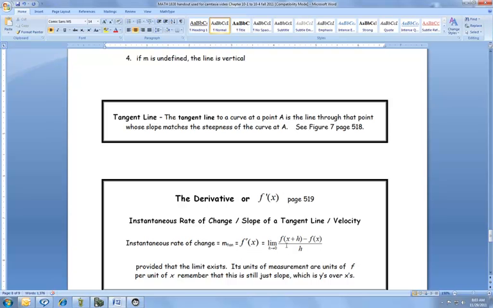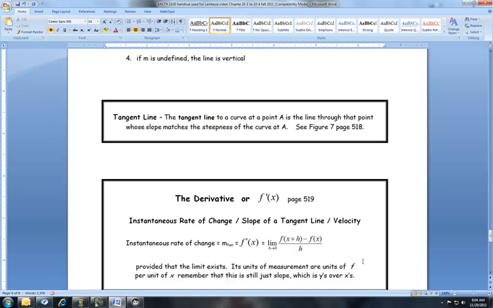Now, if you'll notice this, we have already done this. This is your difference quotient, and once we clean up the difference quotient, then we take the limit of it as h approaches 0, provided that the limit exists. Its units of measurement are units of f per unit of x. Remember that this is still slope, and it's your y's over your x's.